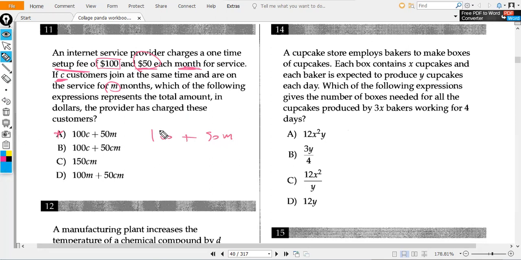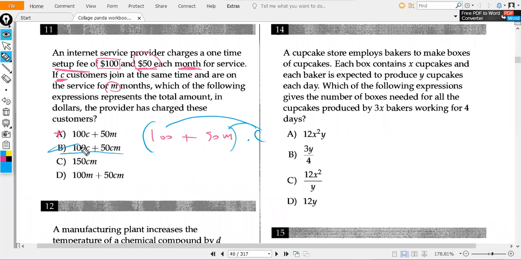We should multiply them by the number of customers because 100 plus 50M is the cost for each customer. Each customer will pay $100 as a setup fee, a fixed fee, plus $50 each month. And when we distribute this C over the parentheses, we will get 100C plus 50CM.